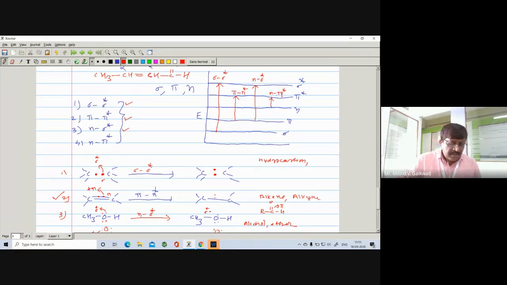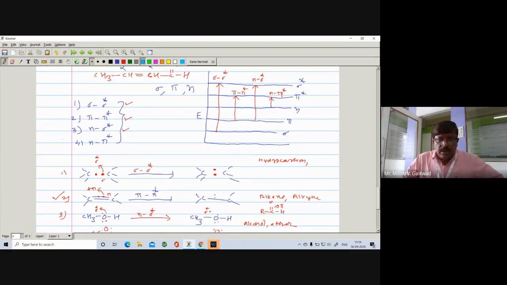In the exam, they may ask which of these four transitions requires more energy. You have to remember this data.